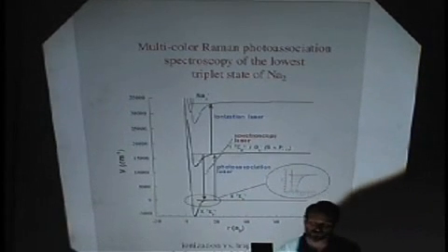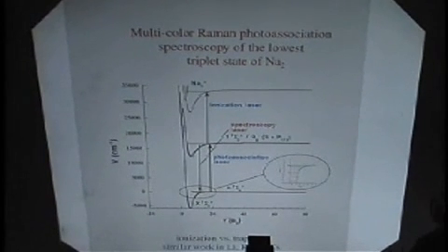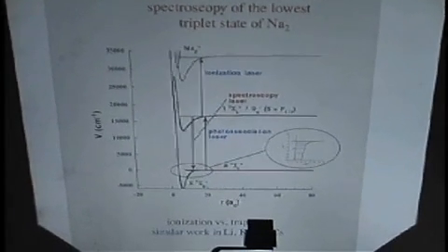What are we doing? Well, we have a magneto-optical trap with sodium atoms at about 0.5 millikelvin, and we allow them to collide. And they collide as free atoms along this ground state potential. Because they're free atoms and not actually a molecule at that point, we don't have to obey any molecular selection rules in this photoassociation transition.